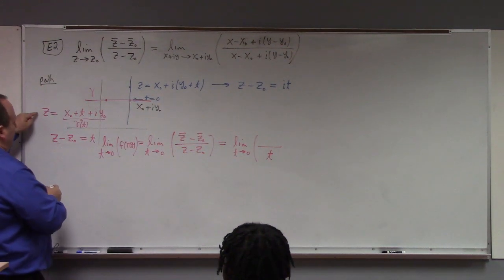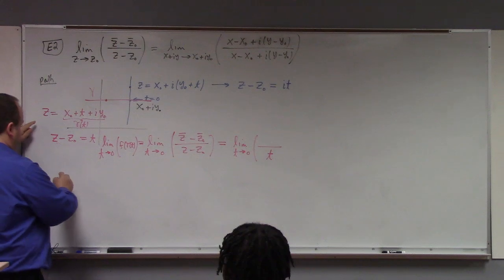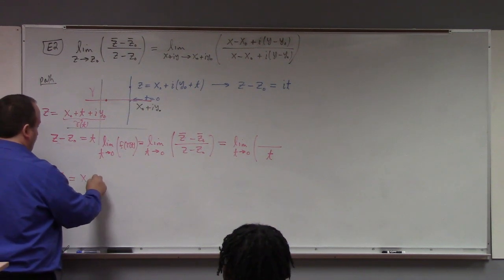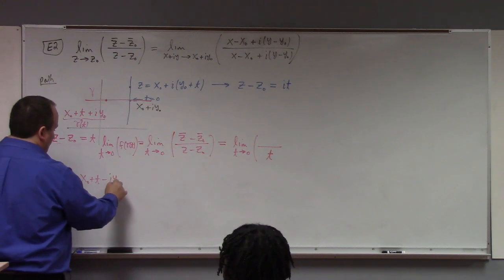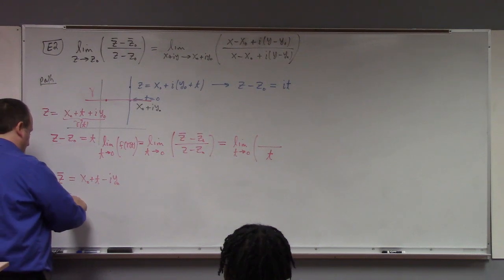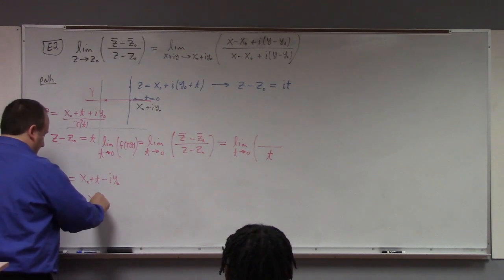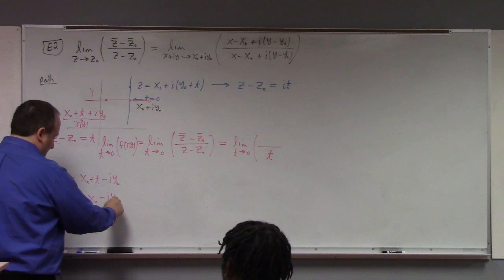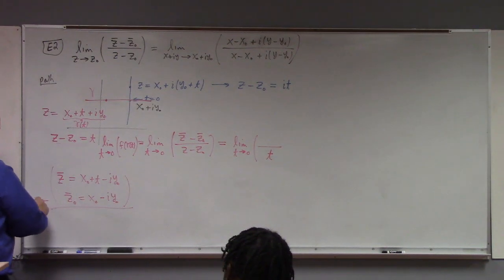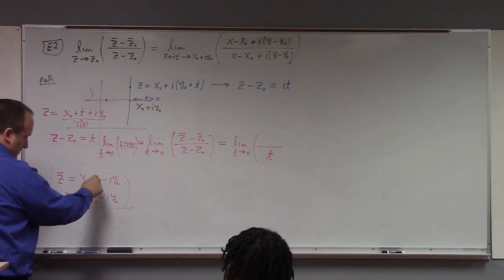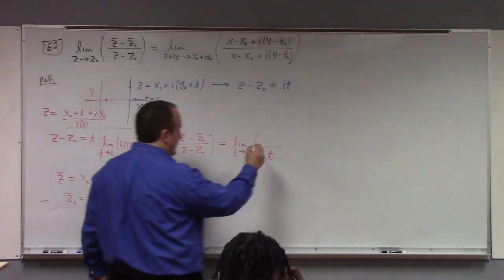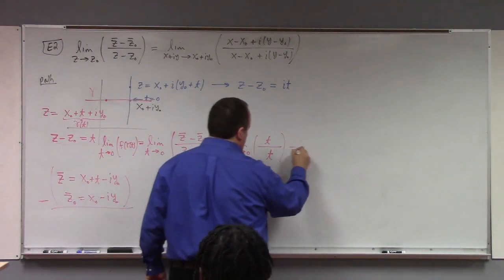So if this is z, z bar is what? x naught plus t, right? Minus i y naught. And if I subtract z bar naught, which is what? That, right? I take the difference of these two. What happens? You get t, right? So again, we get t. So this limit is 1.